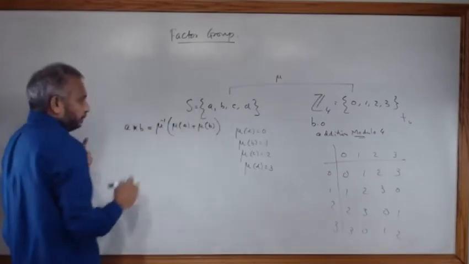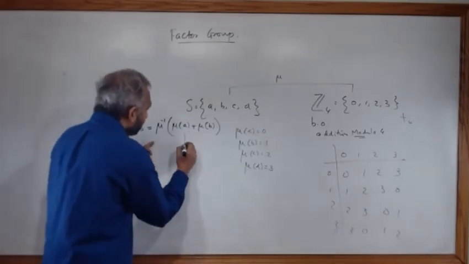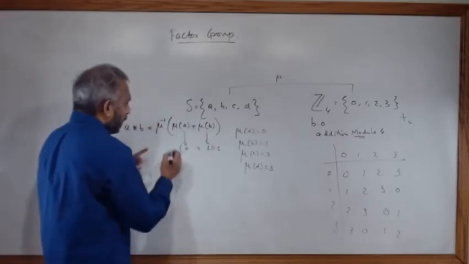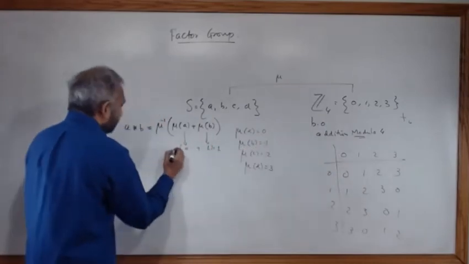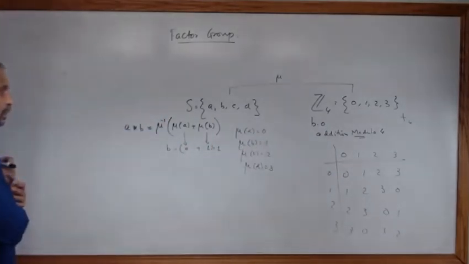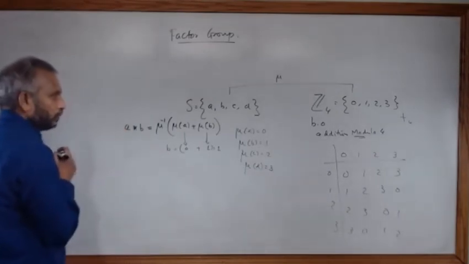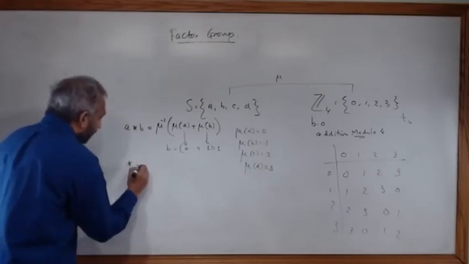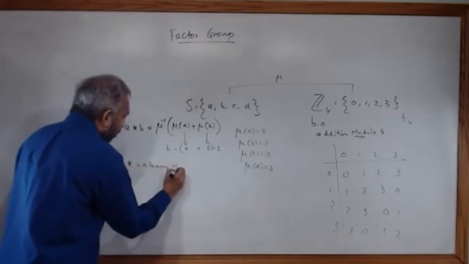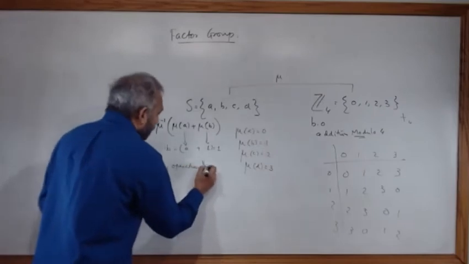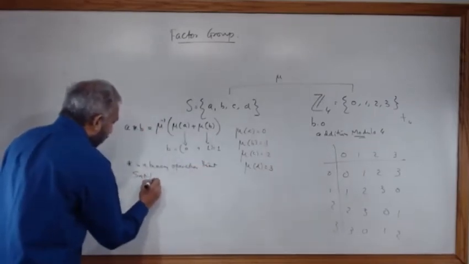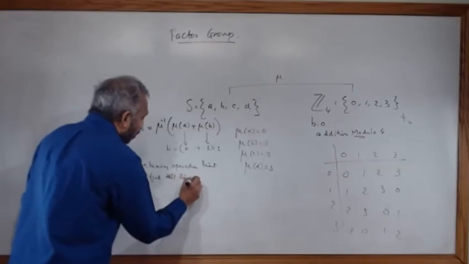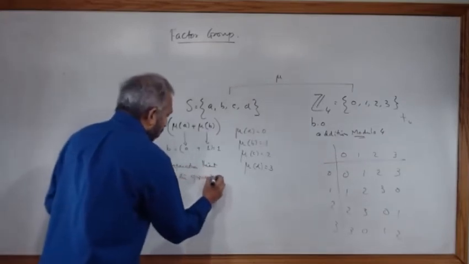So that is going to be the binary operation on this. Here, for example, this is going to be 0 plus 1, and that is equal to 1, and mu inverse of 1 is B. So A star B here is B. So this star is a binary operation that satisfies all the group rules or group axioms.